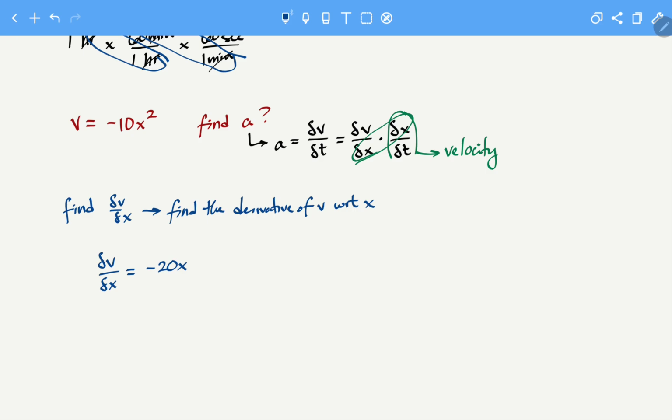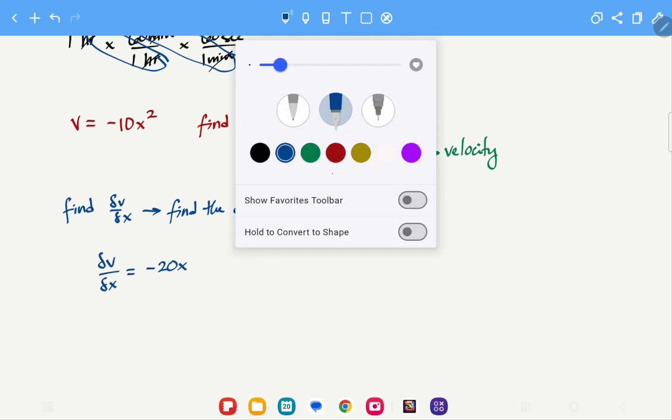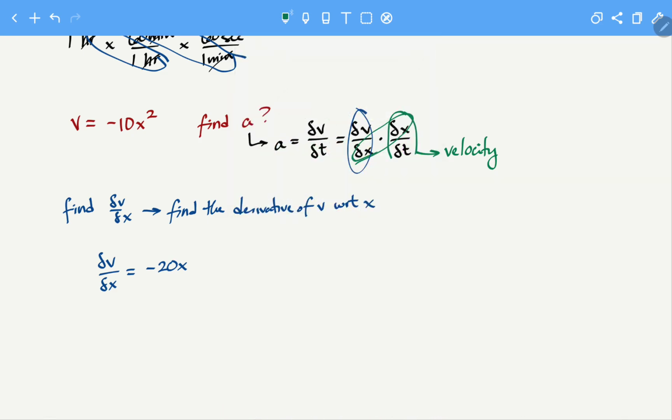Okay, cool. So now that I have that, we've got the dv dx part, so that's this chunk. So now I need the dx dt. Well, that chunk we are going to just grab because, like I said, that's velocity. So we can just say that velocity equals dx dt.